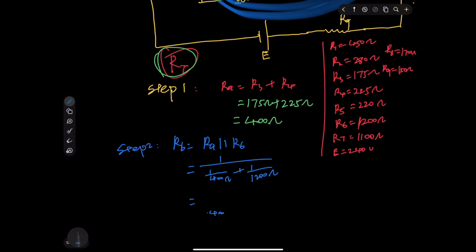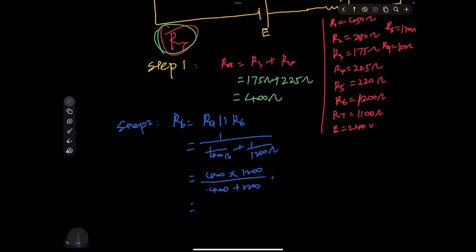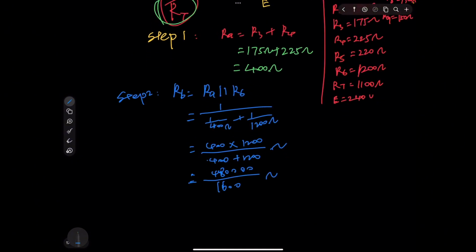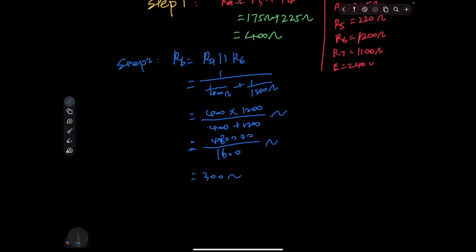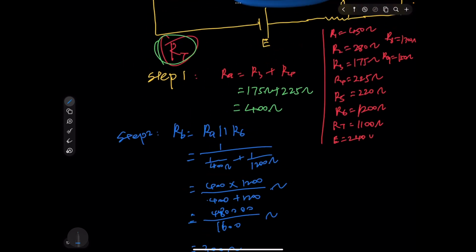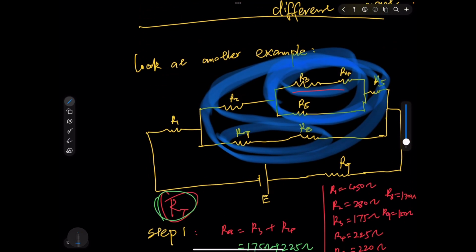So 400 times 1200 over 400 plus 1200. That'd be 480,000 over 1600. So that's 300 ohms. So that's RB. Basically, it's this part.